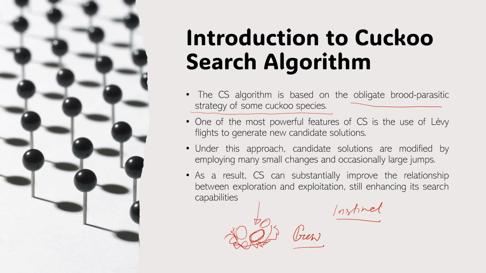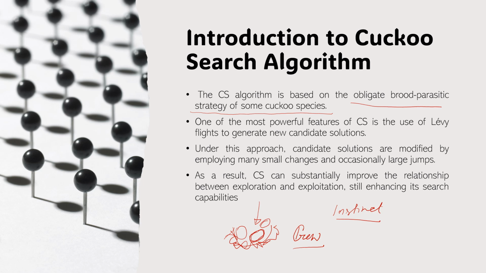Of course, it is a better heuristic algorithm, and it has a very good advantage because we have to estimate only one parameter. I will discuss why I am saying that. And we also have the advantage of using the Levy distribution, which will mimic the Levy flights of the cuckoo species.